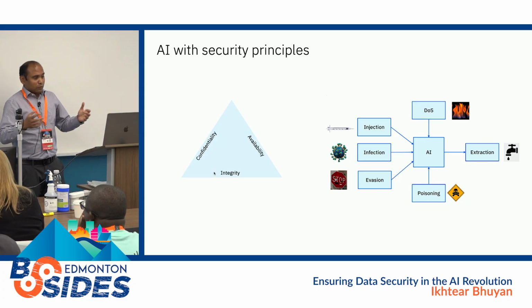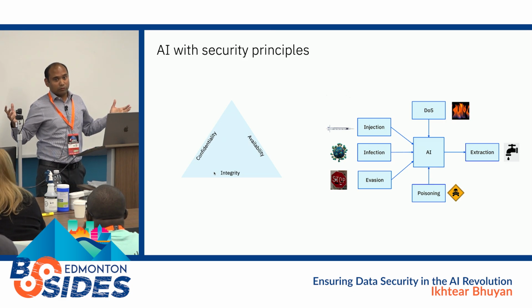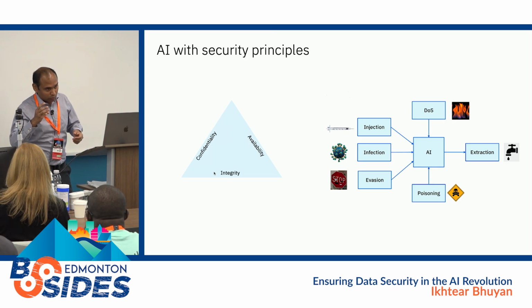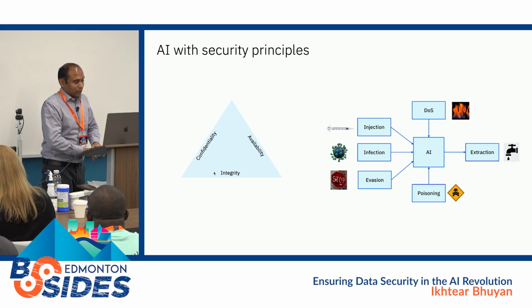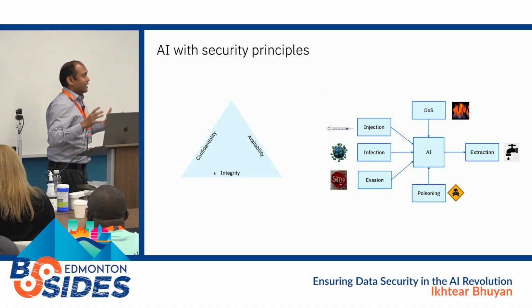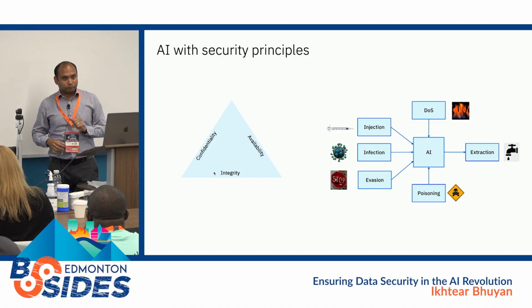Security 101: if anyone has gone through it, in the security world there are 3 things that we do. Anyone who sat for CISSP or any other exam knows this is the CIA triad: confidentiality, integrity, availability.